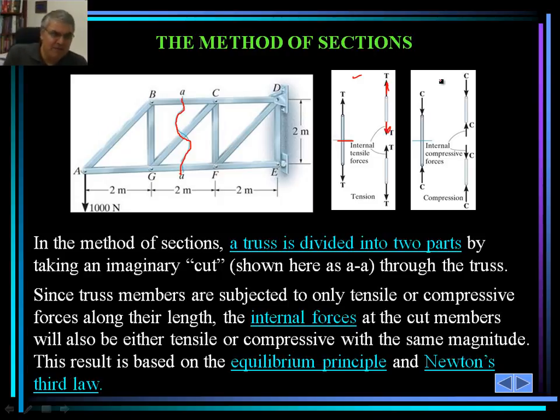Whereas if it is compression forces, the situation is reversed. You can have a member in compression, meaning that the forces are pushing on the joints at two ends, and when we make the cut, the internal forces are shown as such. So it's important to realize that.